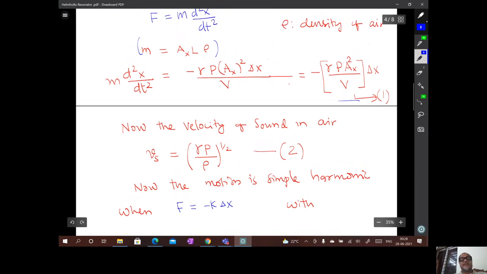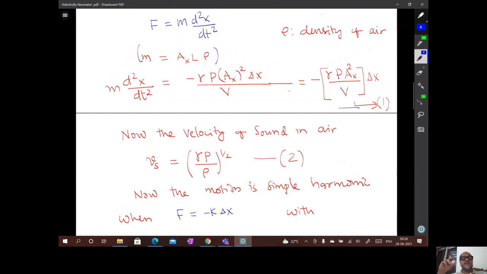Now, in general the mass in the neck you can write as AX into L, that is the volume, into the density. But you should remember this is an approximation: the length L which we use is also an approximation, and the effective mass and the effective length are actually different.